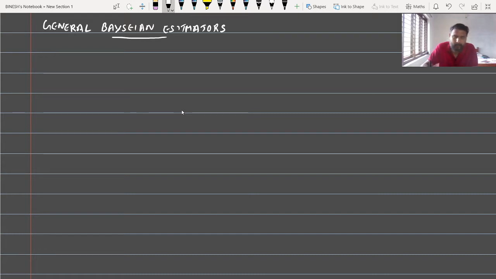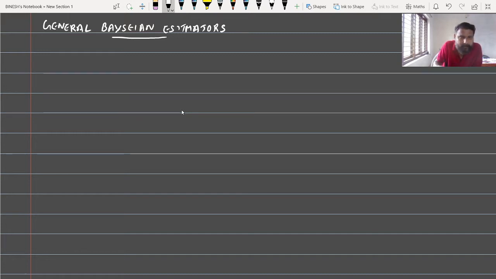We will proceed with this. In the MMSE estimator, we normally minimize E of theta minus theta cap squared, where the expectation is with respect to p of x, theta. I will write that.